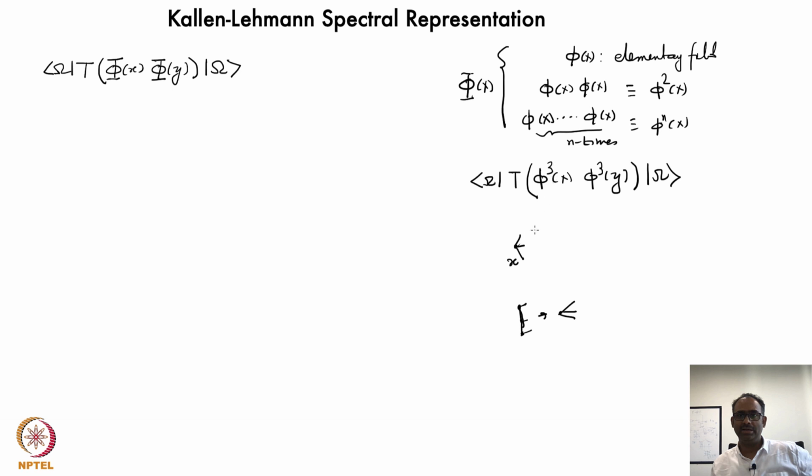So for point x there will be 3 such ticks coming out. For point y there will be corresponding 3 ticks coming out, and then you connect them in all possible ways, putting vertices depending on at what order in perturbation theory you are looking at, and draw Feynman diagrams. Okay, for example, one of the Feynman diagrams would be, because I am doing phi^4 theory, would be this.